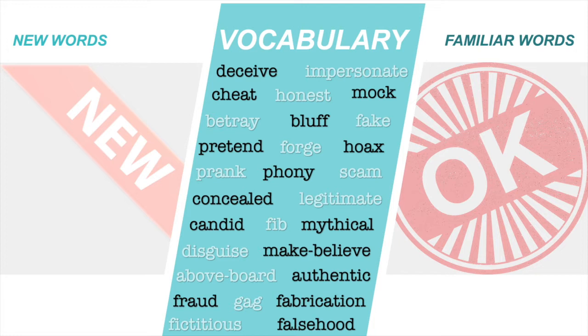And so we have the words deceive, impersonate, cheat, honest, mock, betray, bluff, fake, pretend, forge, hoax, prank, phony, scam, concealed, legitimate, candid, fib, mythical, disguise, make-believe, avowed, authentic, fraud, gag, fabrication, fictitious, and falsehood.